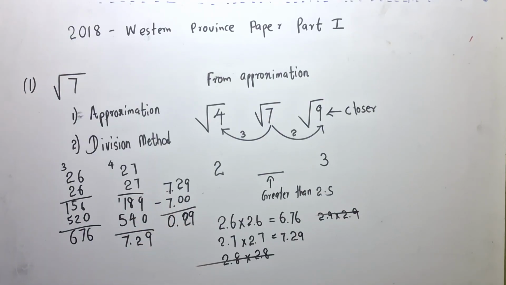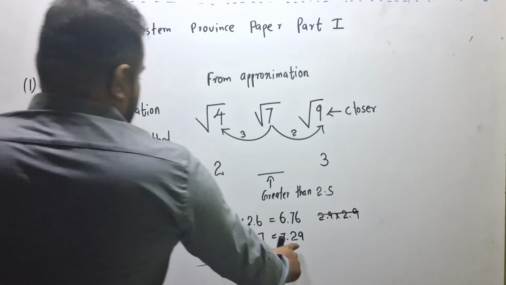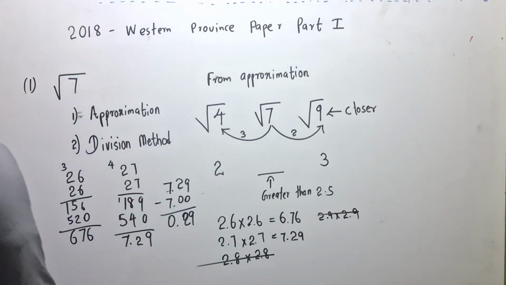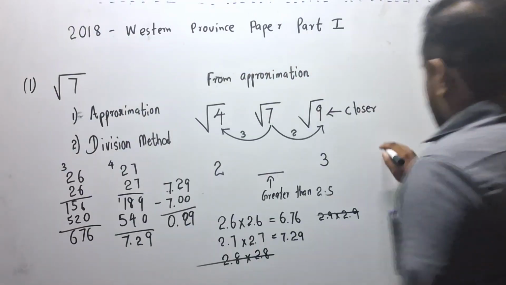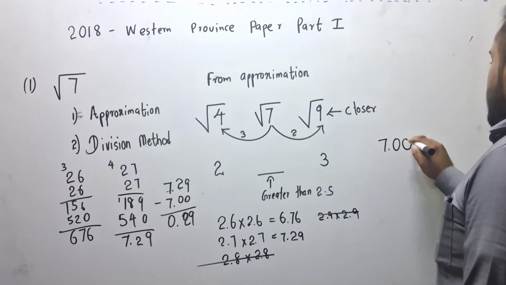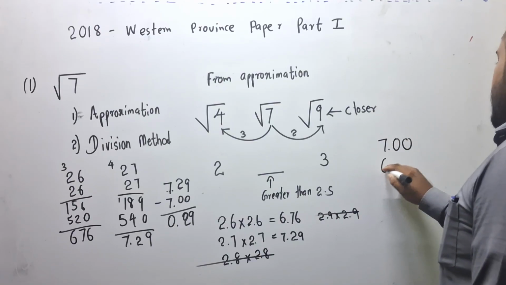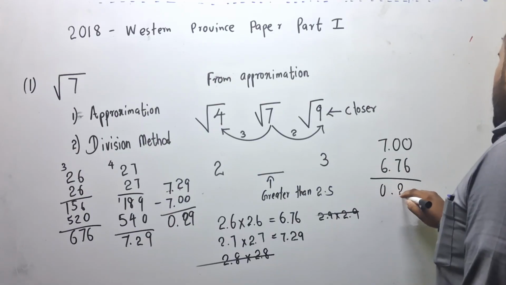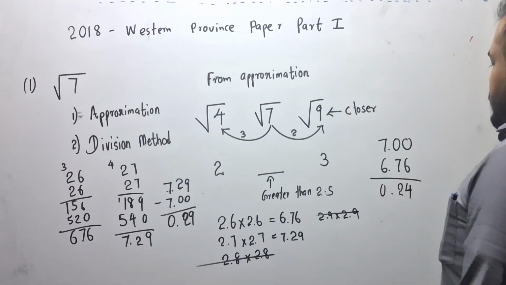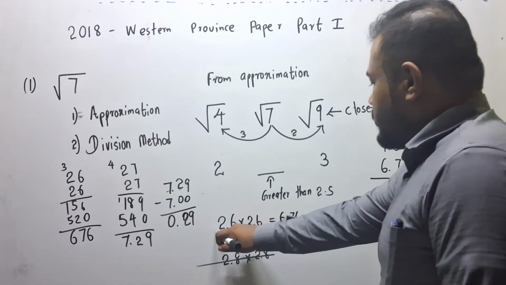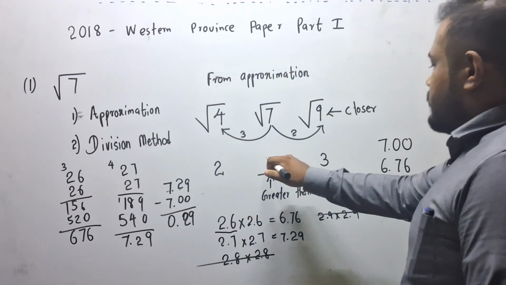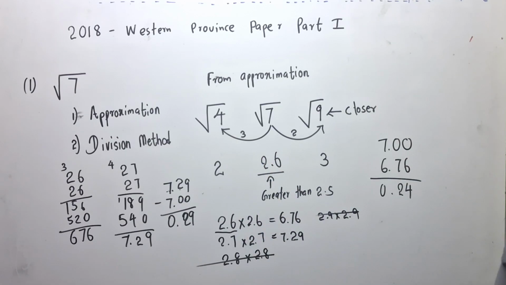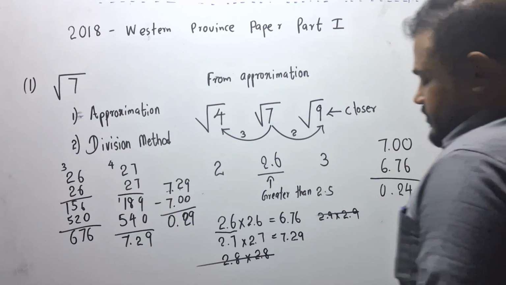If you use the other one, 7 minus 6.76 gives you a gap of 0.24. So which one is closer? 2.6. So we put 2.6 as the answer. Okay, that's from the approximation method.